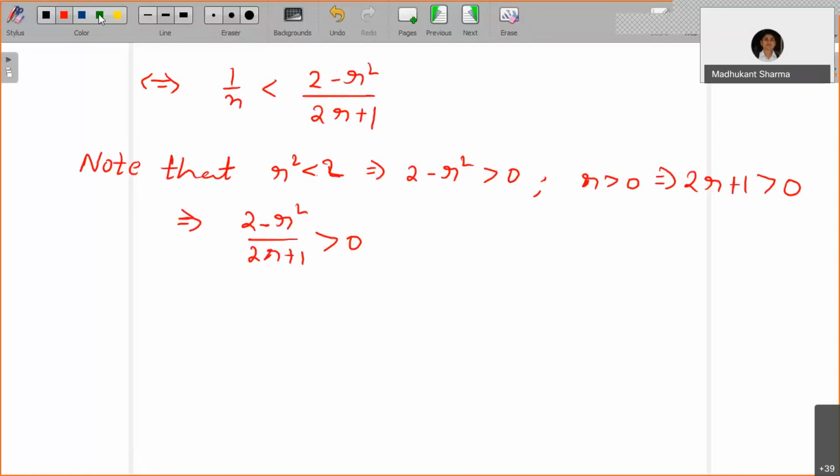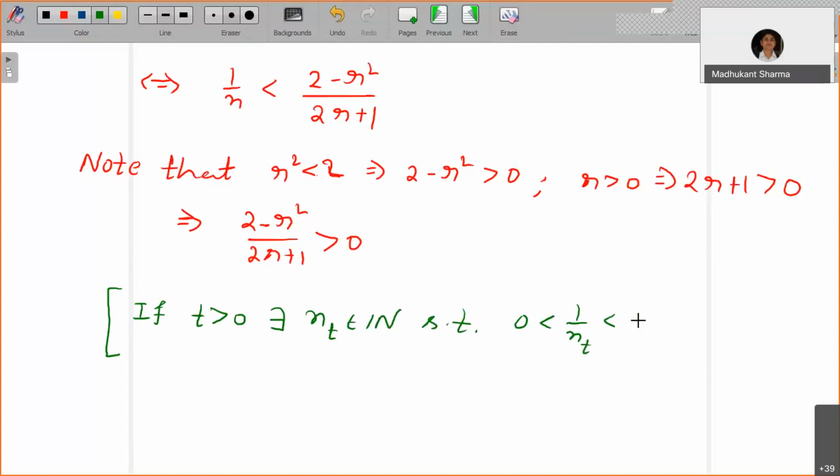Now we use the fact that if t is greater than 0, there exists an n in N such that 0 is less than 1 by n, which is less than t. We have already established that result by using the Archimedean property.